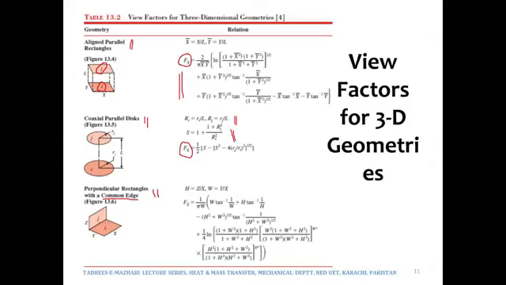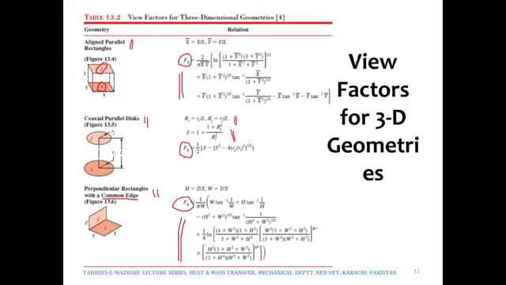So if this surface is i and the vertical surface is j, and the dimensions of the floor, for example, are x and y, and the height of the vertical surface is z, we can then use this very long expression to find out the value of Fij, the fraction of the radiation leaving surface i which would be incident upon surface j.